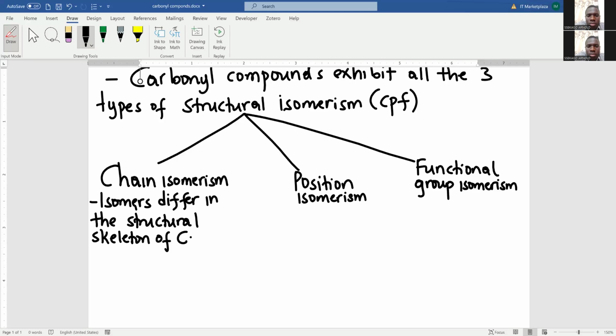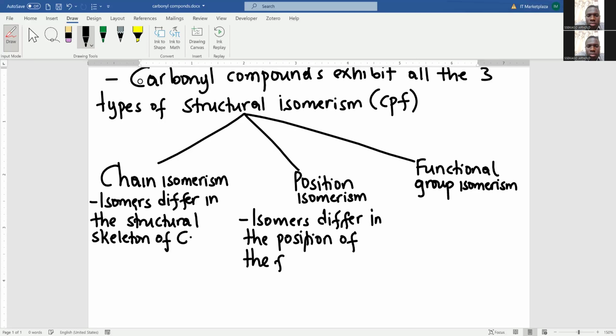Then position isomerism, here compounds differ. They differ in the position of the functional group.